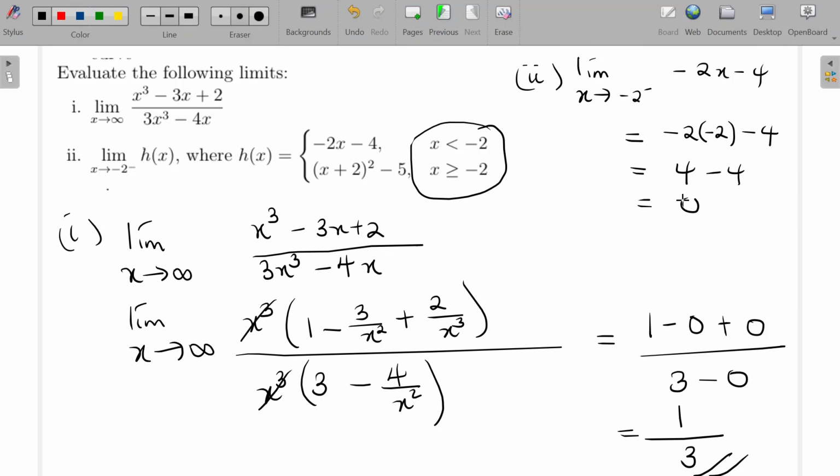As a result, it is equal to 0. Are we together? Are we together, everyone? And you're done with it? Yes. Okay. And you're done with limits.